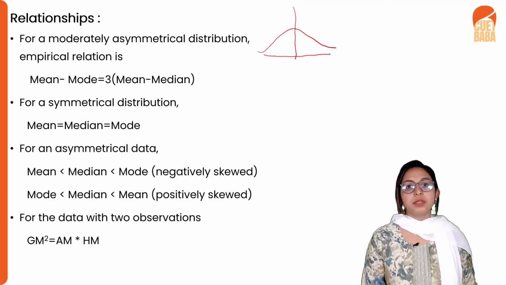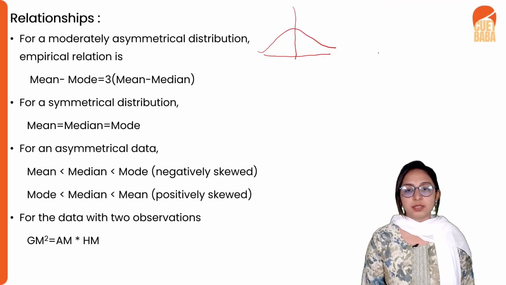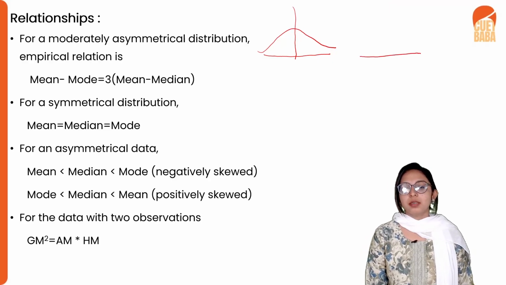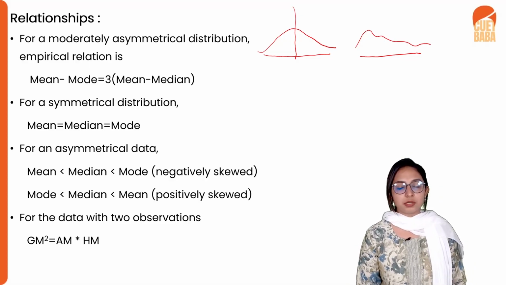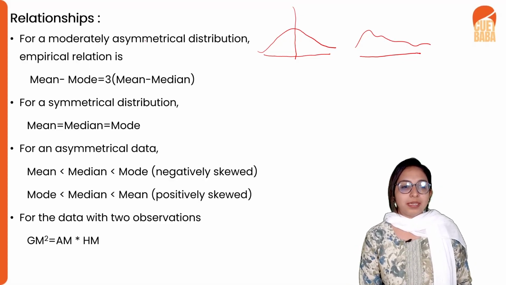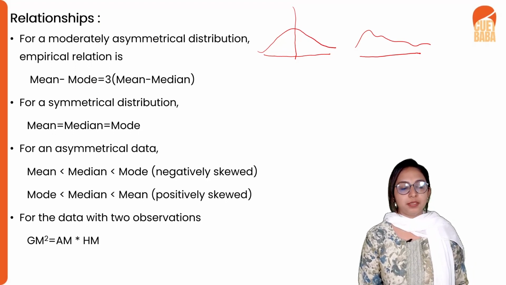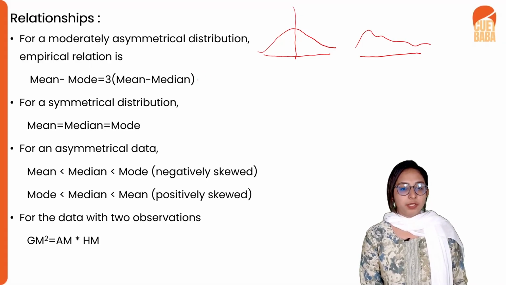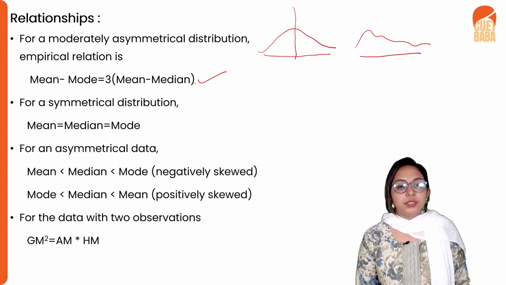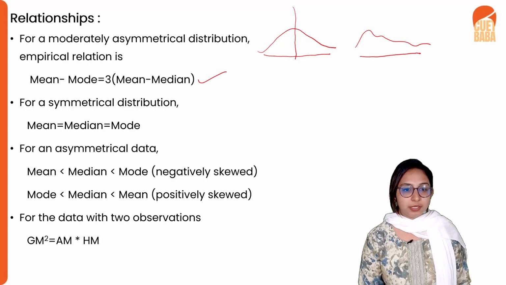Whichever graph's shape is not like this, where most of the data values are concentrated towards the center, that is, when the data values are distributed asymmetrically, it is called an asymmetrical distribution. For a moderately asymmetrical distribution, mean minus mode is equal to 3 into mean minus median. This is a very important equation, an empirical relation for an asymmetrical distribution.